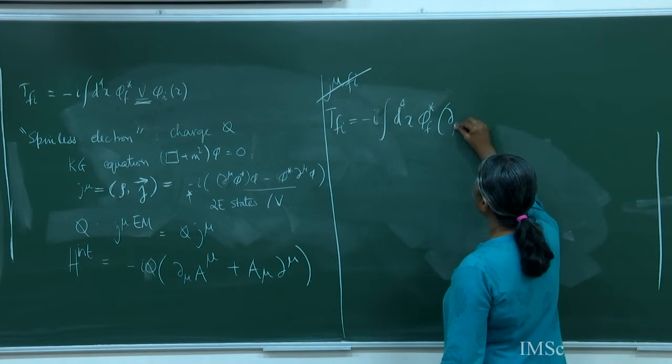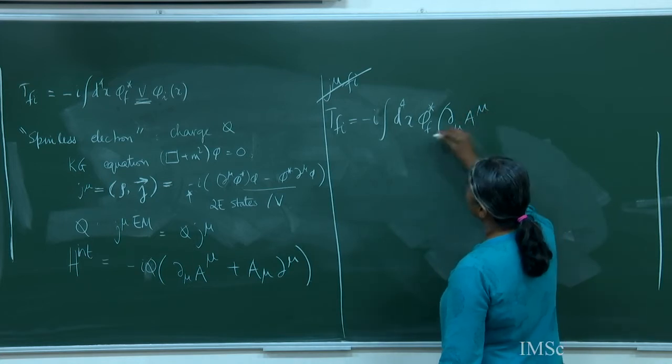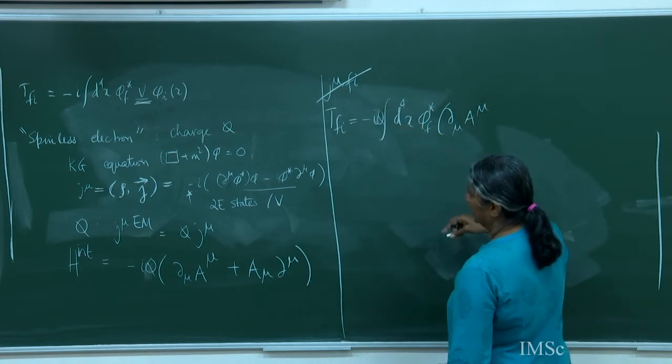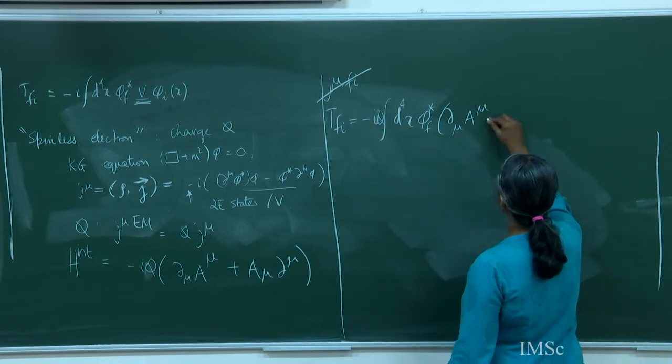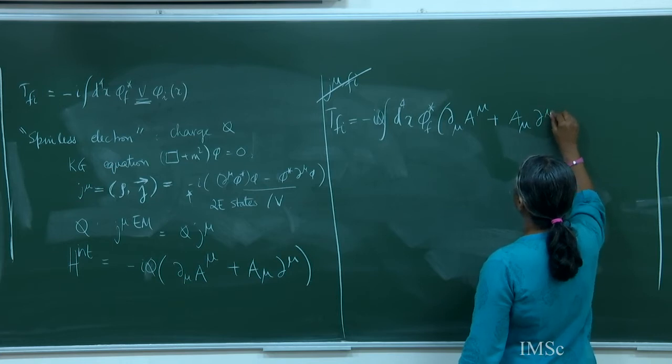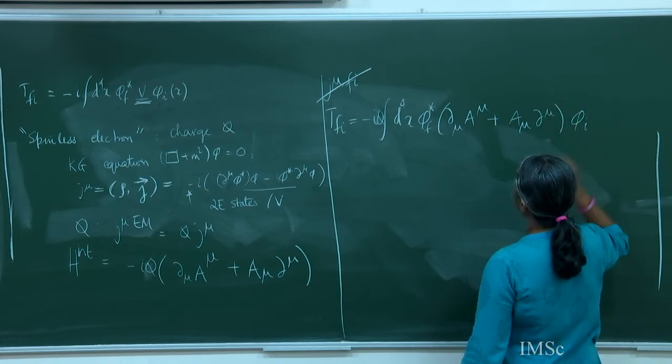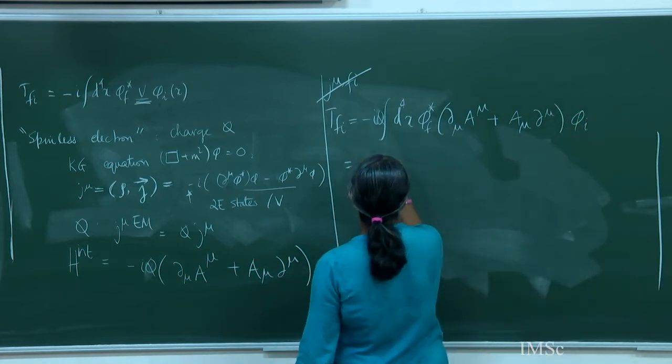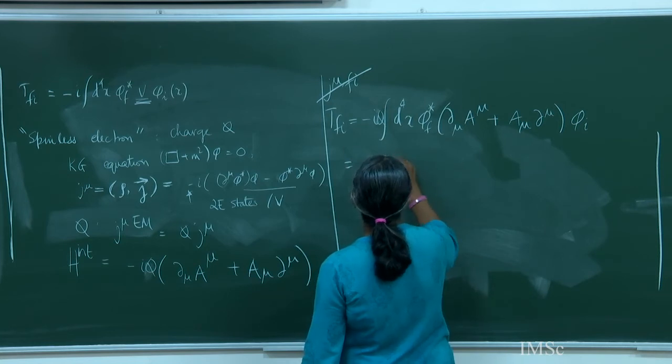Now I am substituting d mu A mu. There is a q outside. There may be a further i. Please look at the notes. Now I write the first term.